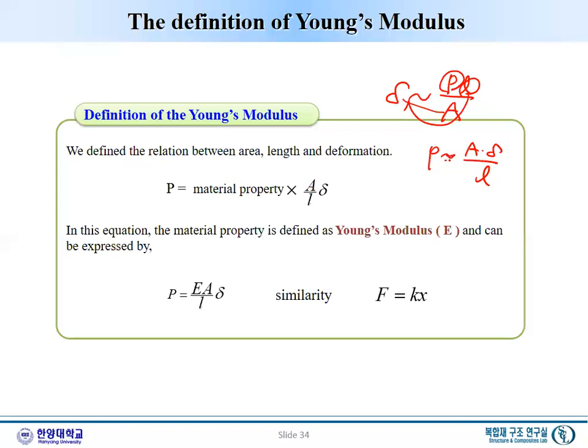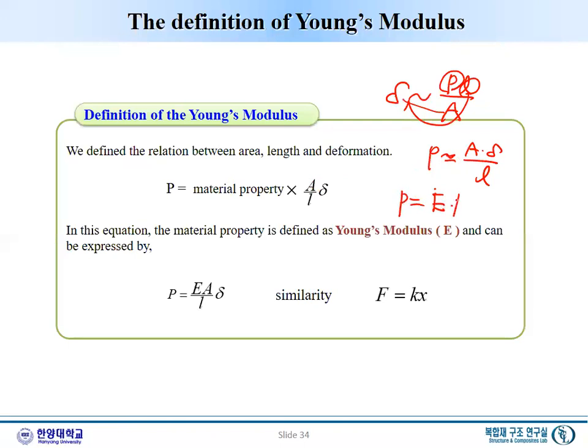Now, to make it an equation, the missing part is the material property. The proportional constant will depend on whether it is steel or aluminum or rubber. So we need to introduce a Young's modulus, which will represent the material.